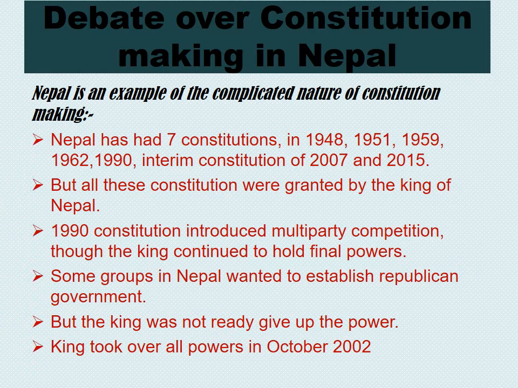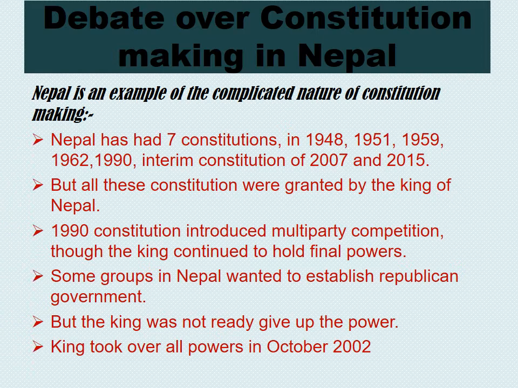For the last 10 years, Nepal was faced with military and political agitations for reconstructing the government of the country. The main issue was the role of the monarch in the constitution of Nepal. Some groups wanted to abolish the institution of monarch and establish a republican form of government.